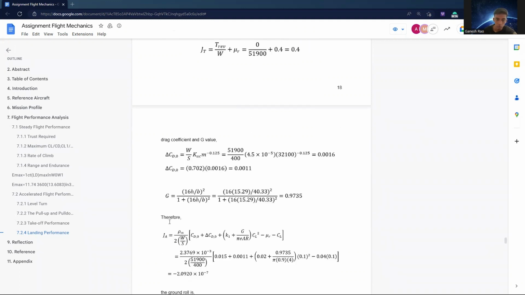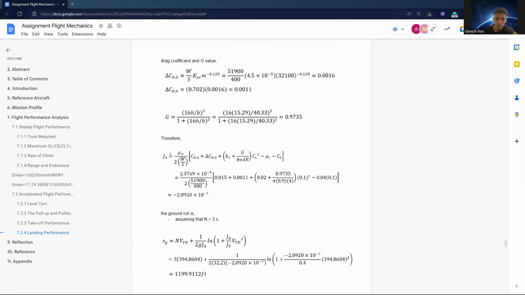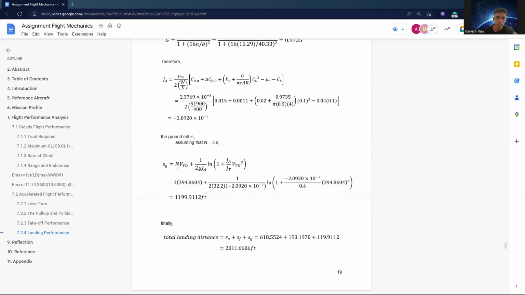Before we calculate SG, we get the drag coefficient and the G value to calculate JA. The drag coefficient is 0.0011 and G is 0.9735. Therefore we get the JA value, which is negative 2.0920 times 10 to the power of negative 7. Since this is landing performance, the value is negative.